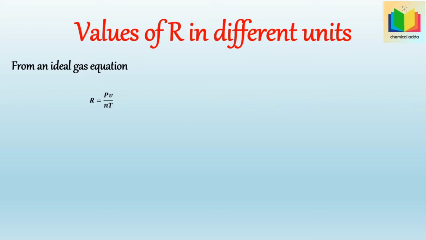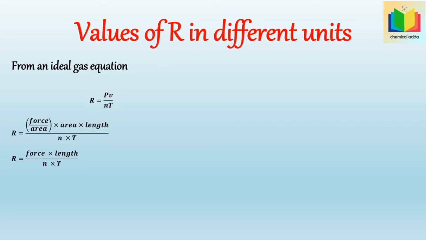If the pressure is written as force per unit area, and volume is equal to area into length, then R is equal to force divided by area into length divided by N into T. Hence we get R is equal to force into length divided by NT.